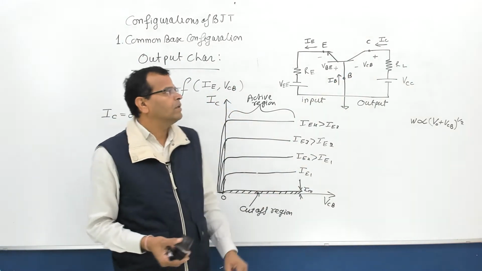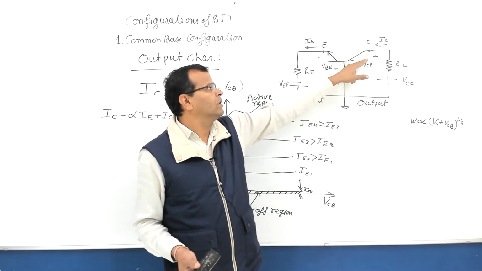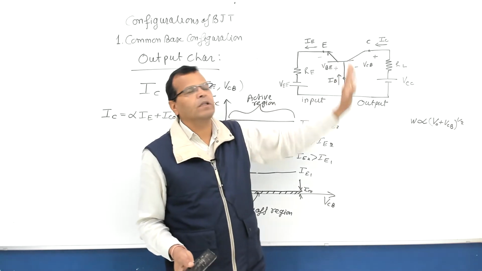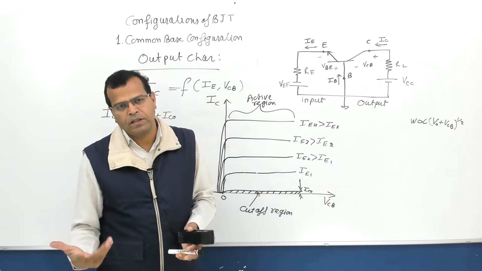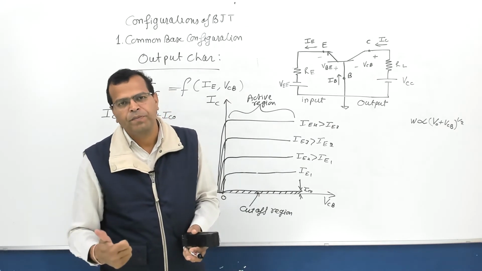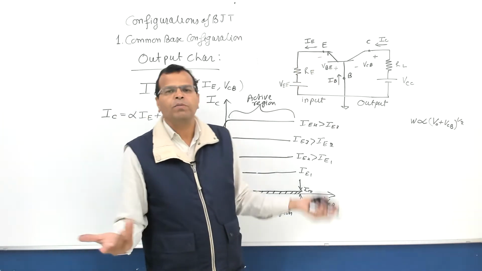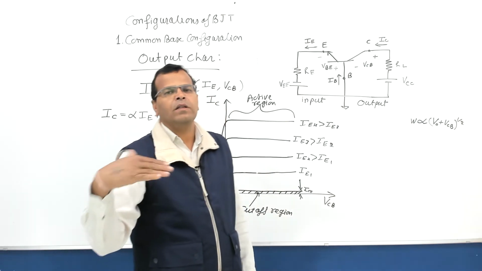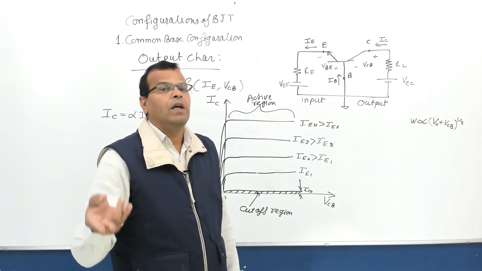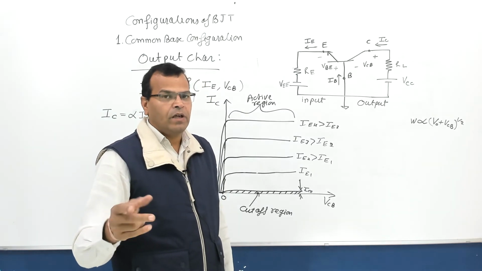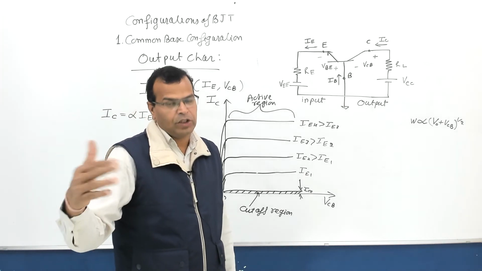Whereas in the cutoff region, IE is 0. If IE is 0, VCB is reverse biased. In general, remember, in the cutoff region we define both junctions as reverse biased. That is the definition of the cutoff region. Not only IE 0, when both junctions are reverse biased, your emitter current will also become 0. Fine. So that is the cutoff region. In the cutoff region, both emitter and collector junctions are reverse biased. In the active region, the emitter junction, input junction is forward biased, the collector junction, output side junction is reverse biased.